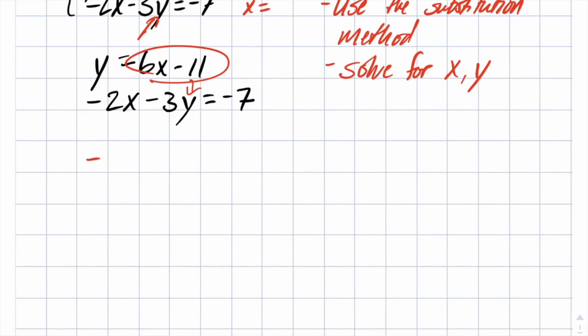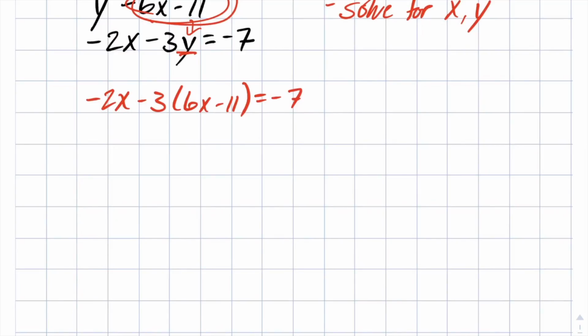So I'm going to rewrite it: negative 2x minus 3, and instead of y, I'm going to put all this in here, 6x minus 11, equals negative 7.